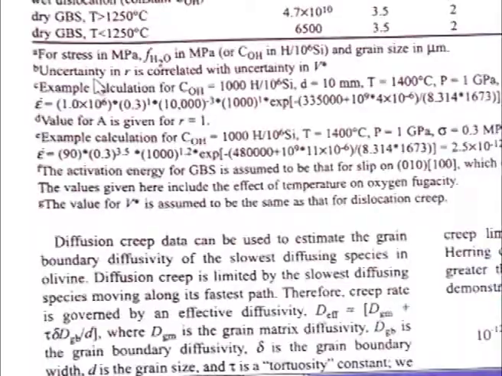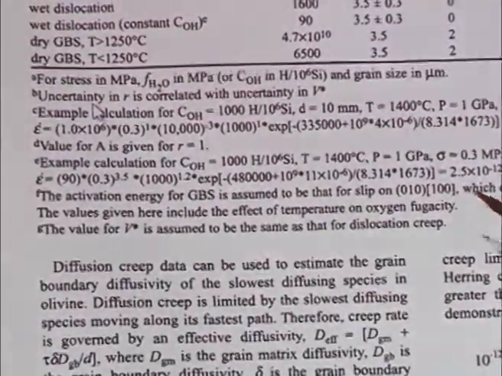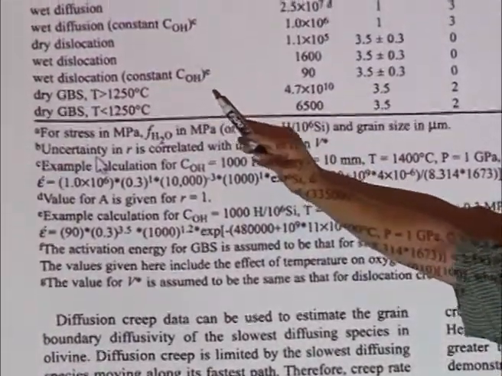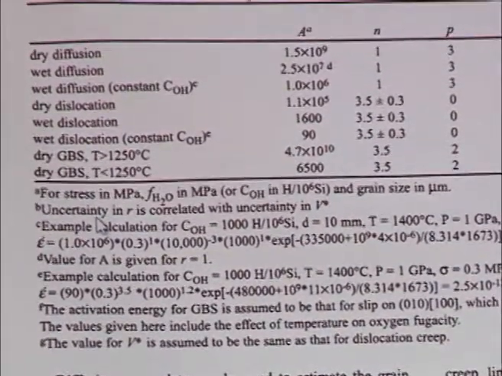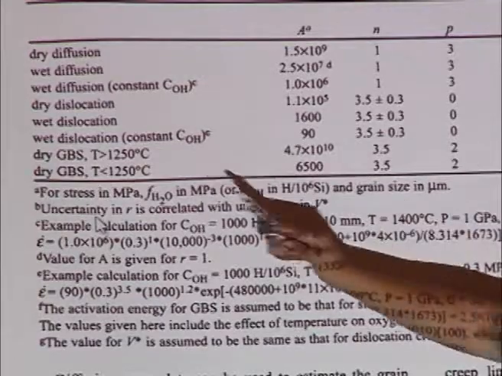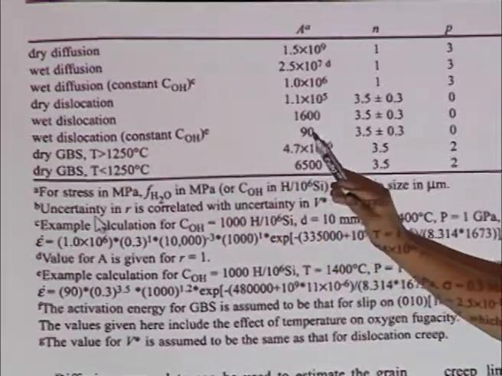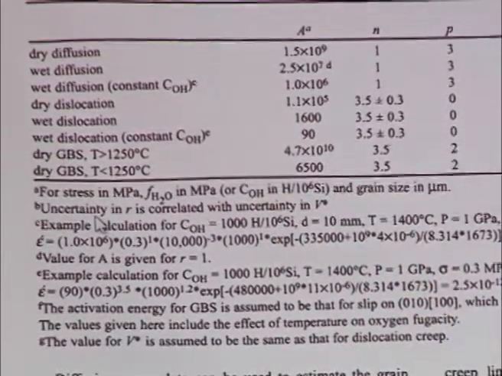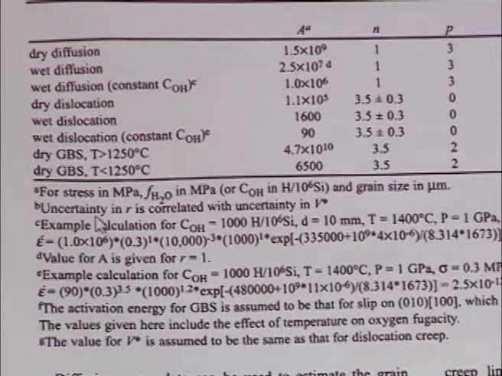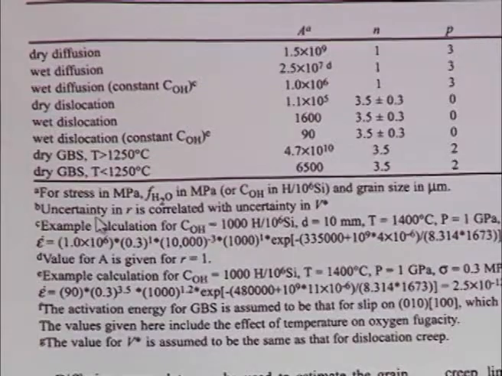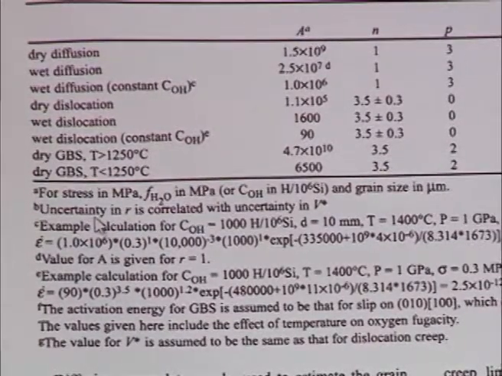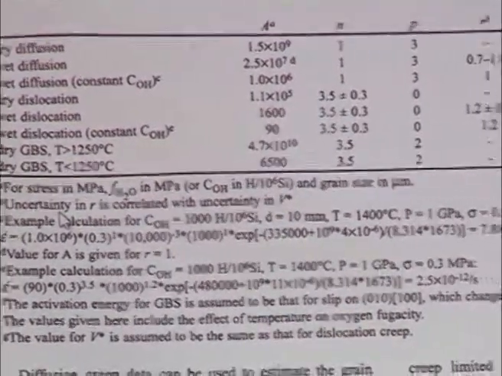And what we're going to do it for, just because it's much simpler, is we're going to do it for a constant concentration of OH. So for wet dislocation creep, A is 90. So this equation here, I'll call this A prime just to keep it separate from the thing that's called A in there.